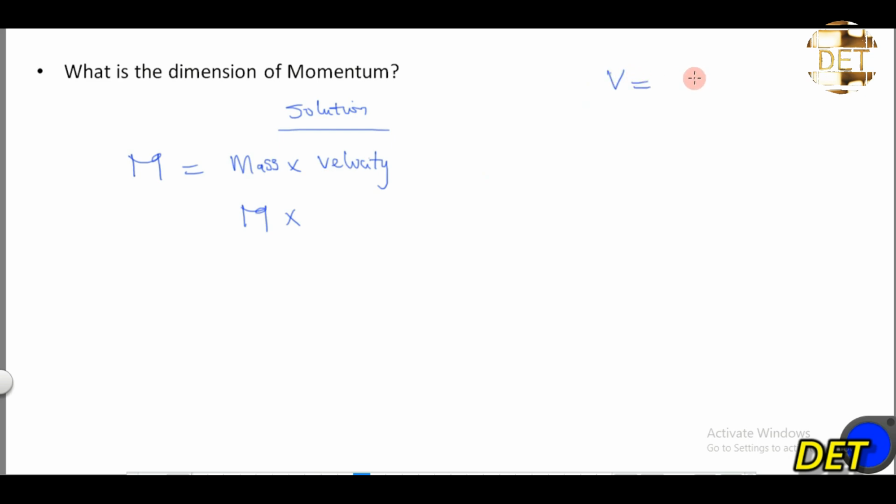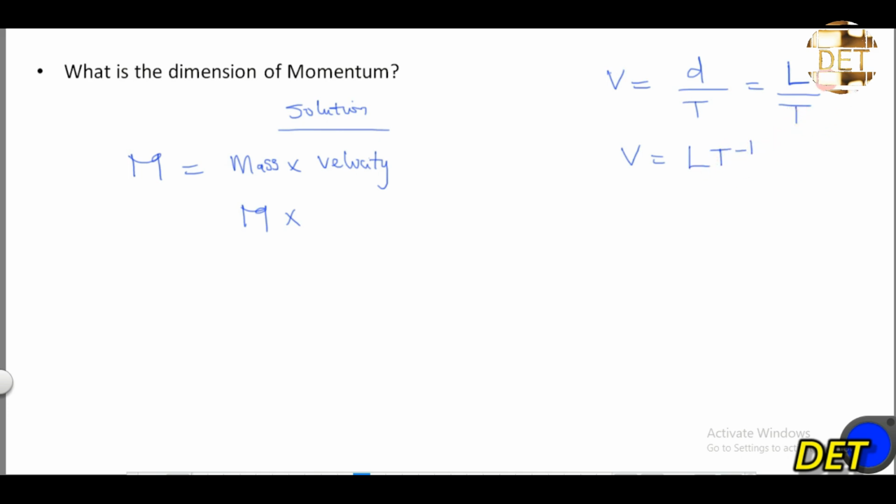So velocity is equal to what? Displacement all over time. And displacement is a fundamental quantity. It is length, right? So that will be equal to L. The dimension for displacement is L, which is the same thing as length, over T. T is a fundamental quantity, time. So the dimension for velocity is L T raised to the power of minus 1.